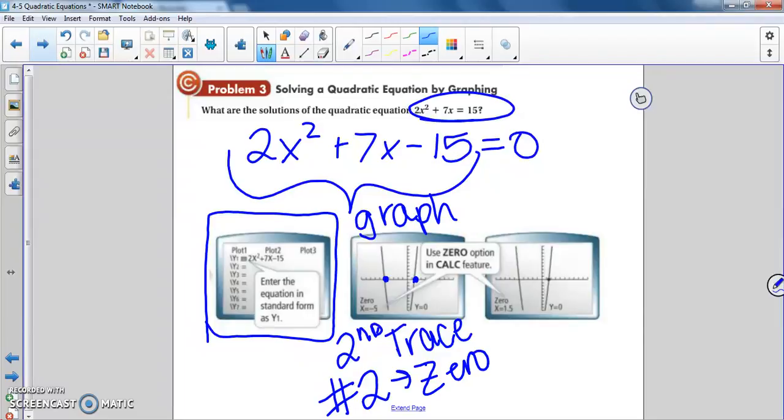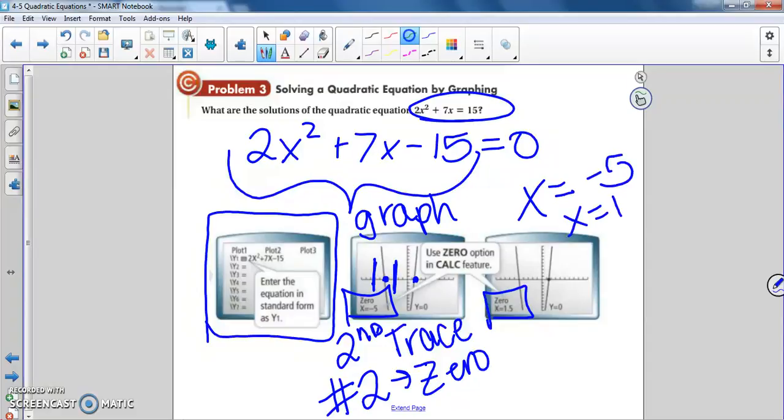When you do this in your calculator, you're going to have the option where you have to go left bound and right bound. So once again, you're going to first click left bound of your zero, right bound of your zero, then press enter again to find the value of your first zero to be negative 5 and your second zero to be 1.5. So your solutions to this quadratic equation would be x equals -5 and x equals 1.5.